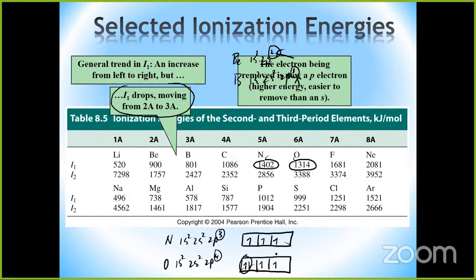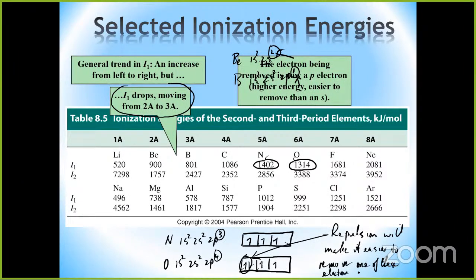So let me just make a note here. Repulsion will make it easier to remove one of these electrons.